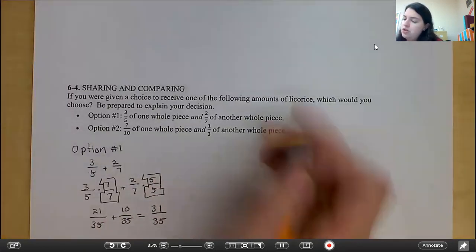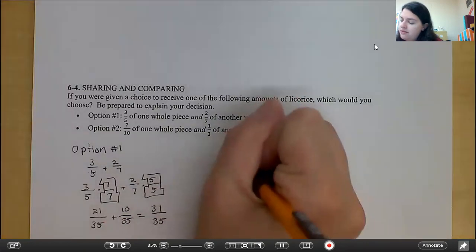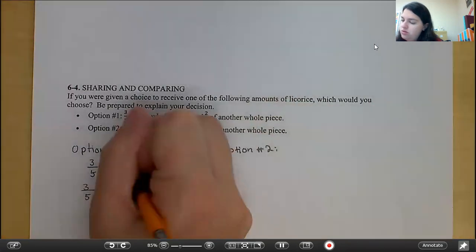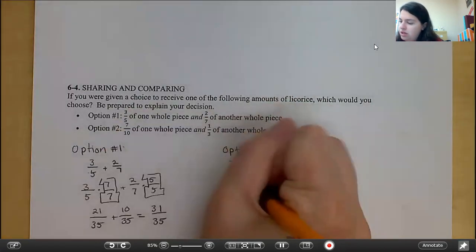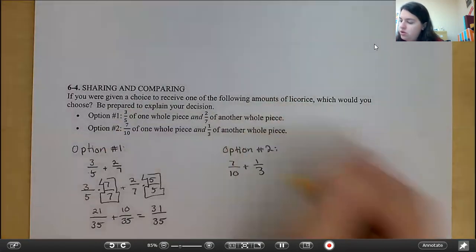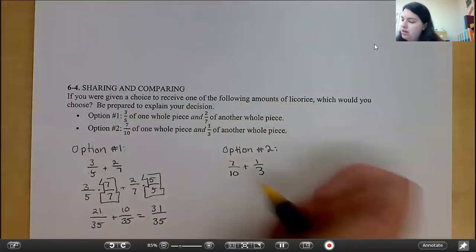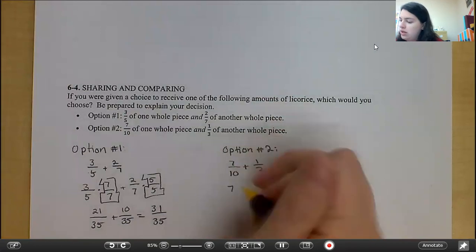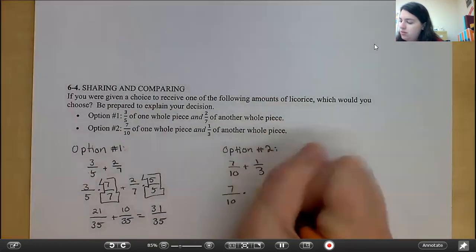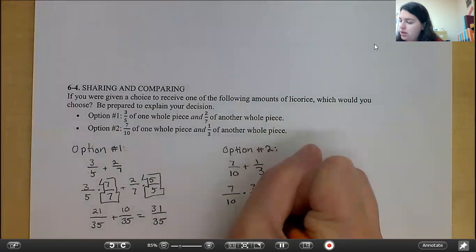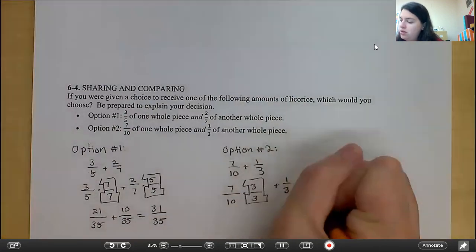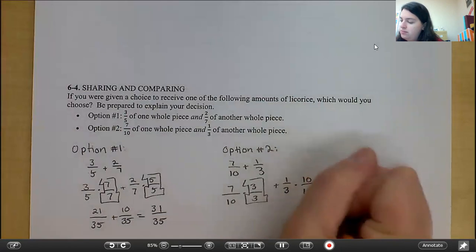So now for option 2, we have 7/10 and 1/3. Again, we need to make sure we get common denominators. 10 and 3, we could use 30. So 7/10 times 3 over 3, that's going to give me 30 as my denominator, plus 1/3 times 10 over 10.